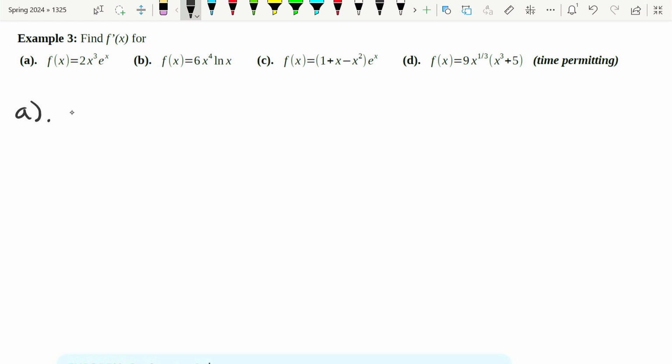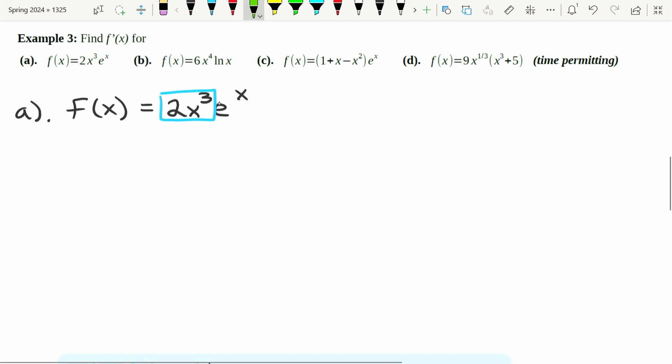Let's go through some more examples, starting with f of x is equal to 2x to the third e to the x. So here we have to break it down into the first and the second. The first part is the 2x to the third, and the second part will be the e to the x.